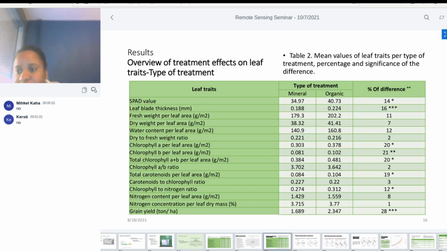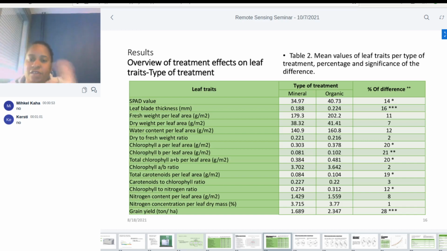Okay. Then here we have an overview of the different leaf traits, but this time separated by the type of treatment. The types of treatment applied were mineral and organic.